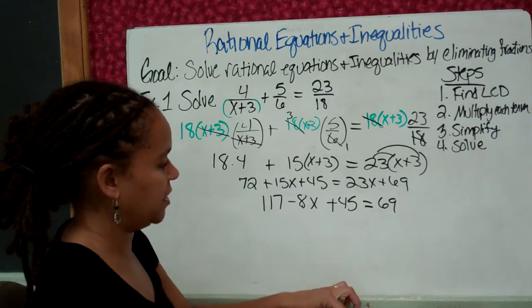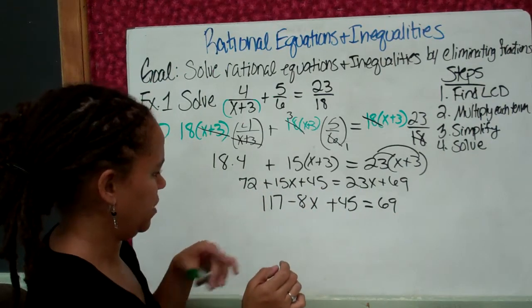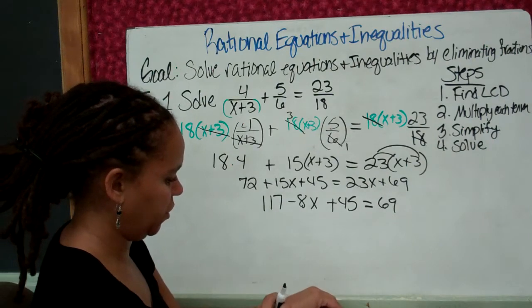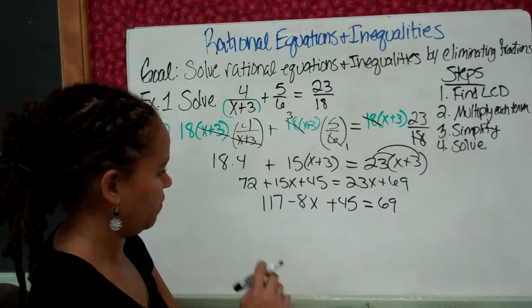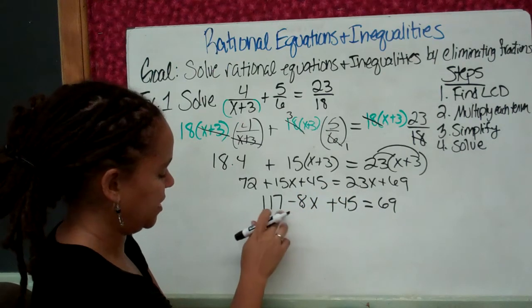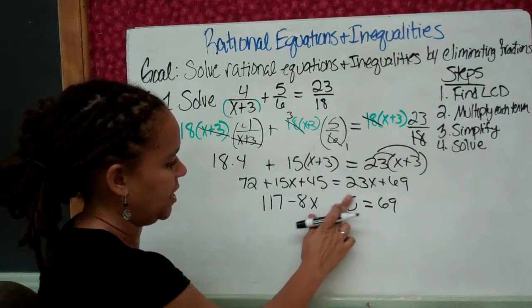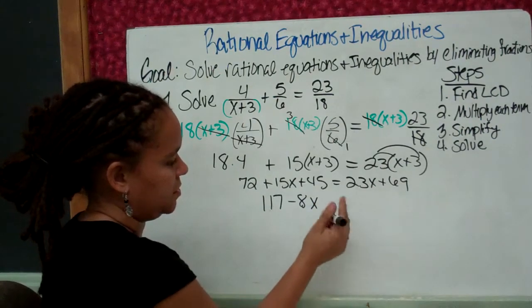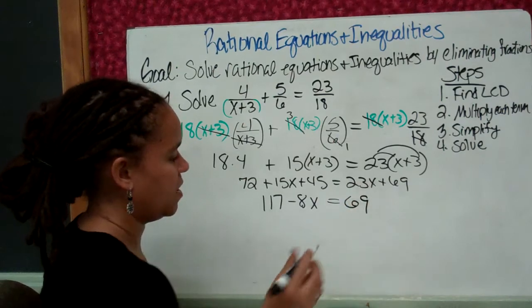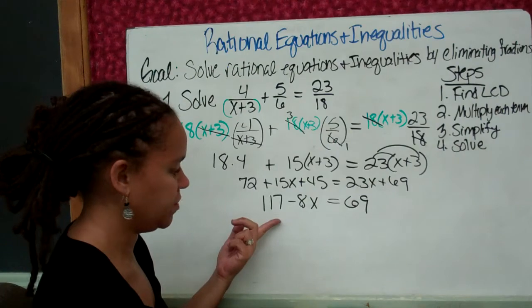I subtracted the 23x and combined the 72 and 45. I jumped ahead, excuse me. I went ahead and just did all of the steps. You can do them one by one, but I know you know how to do this already.